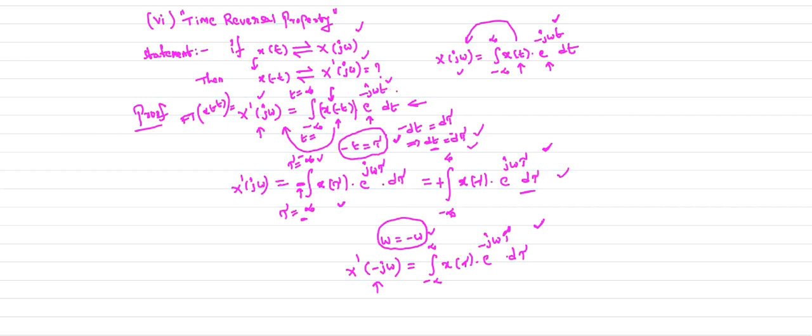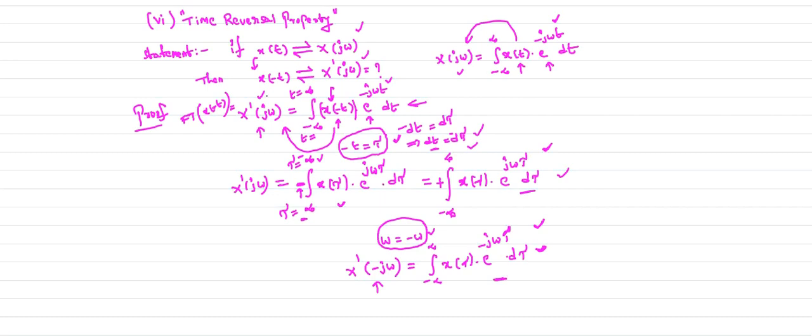You can take any variable, t, tau, x, you can take any variable. No matter whichever variable you take, it is in the standard form. So here I take variable t, here I take variable tau to define the Fourier transforms. Now is this equation in the standard form or not? So this is the standard form of the equation.